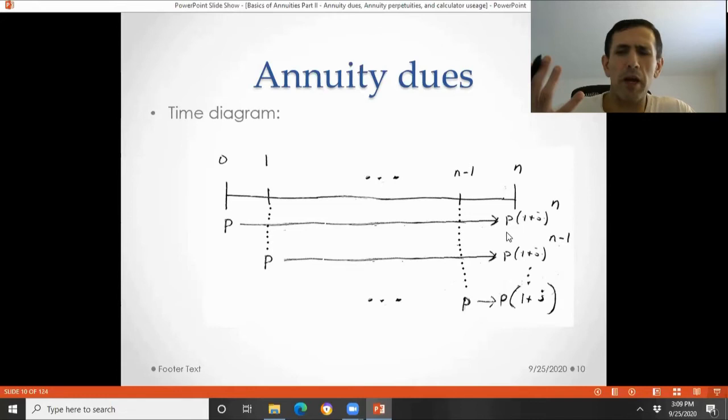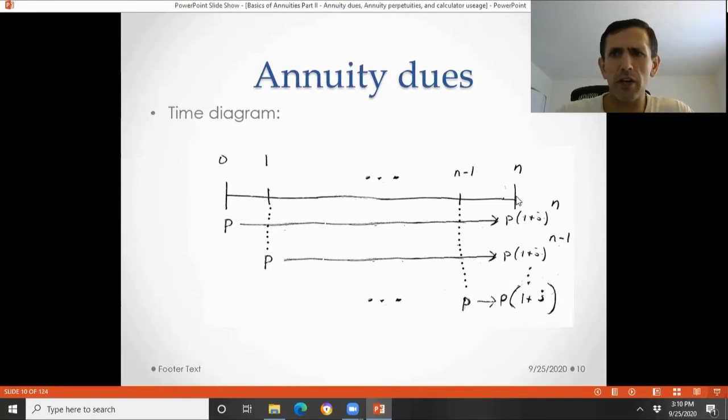Like with rent payments, if it's 1 year's worth of rent, you pay rent at the beginning of December. You're not going to pay rent at the end of December for the current year. I mean, you would pay rent at the end of December for January of the new year.